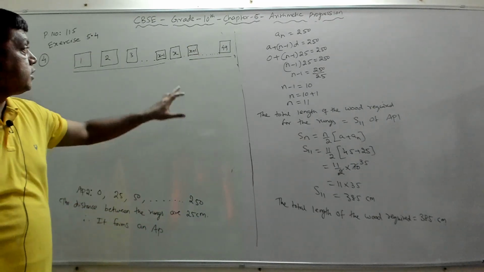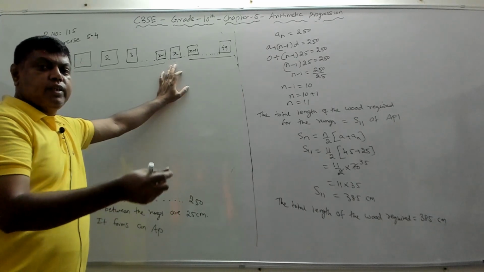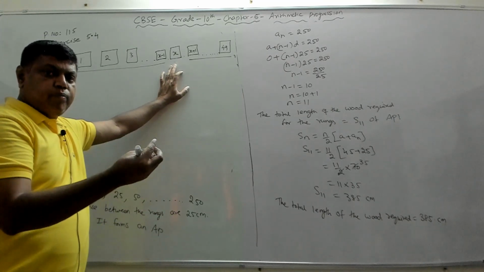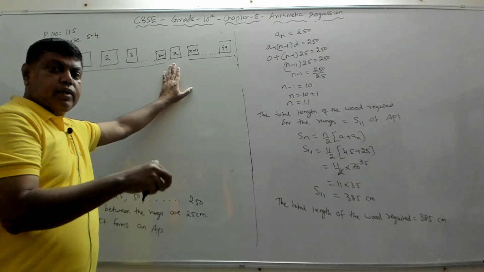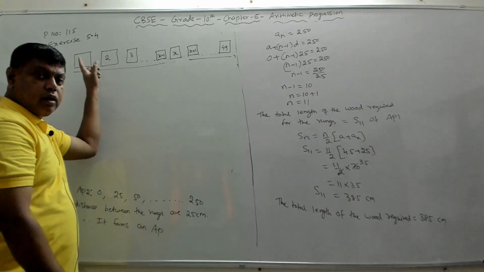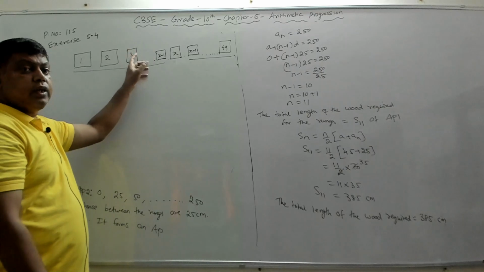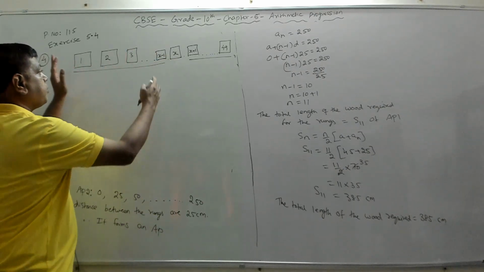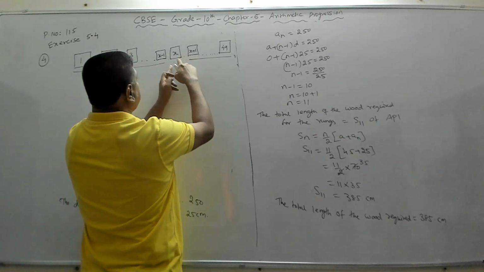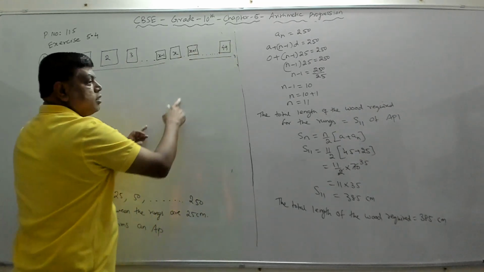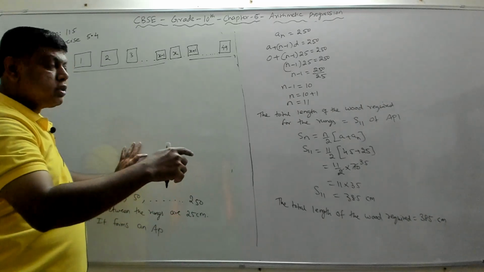We are to show that such x exists, which means we should check whether such x is there. There is a house and the number of that house is x, such that if you add the house numbers of the houses preceding this house, that is equal to the sum of the numbers of all the houses following this.